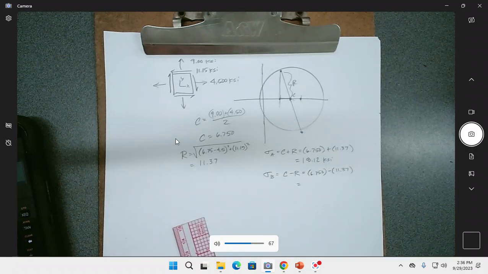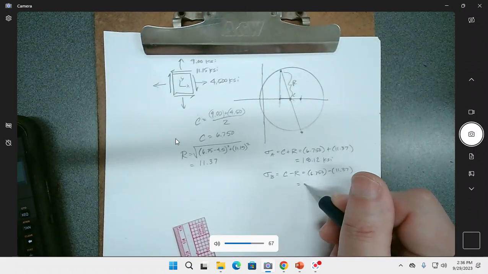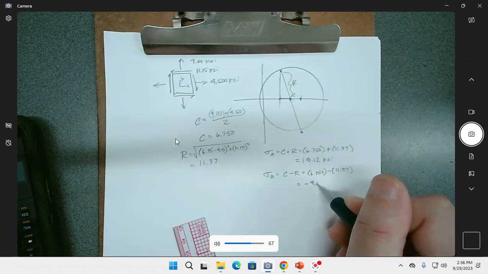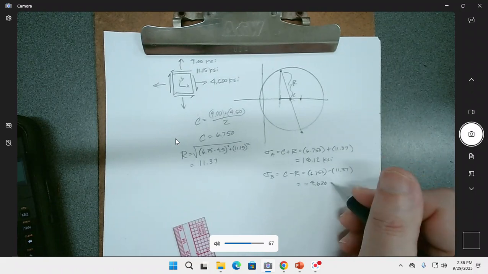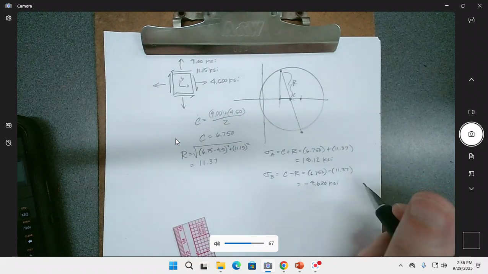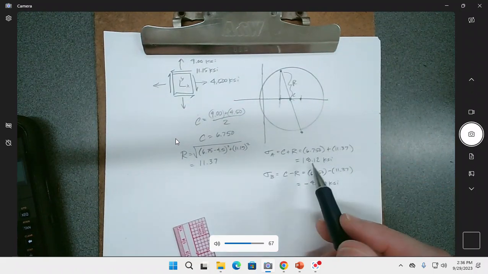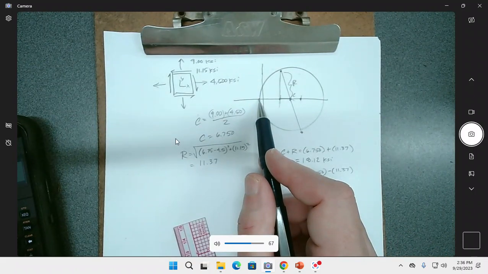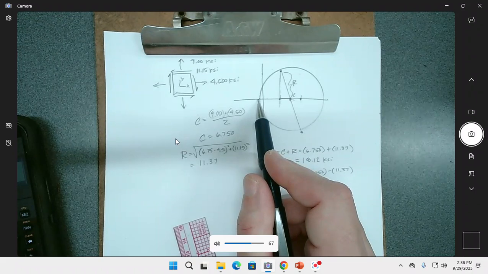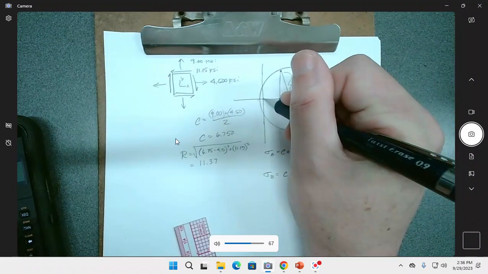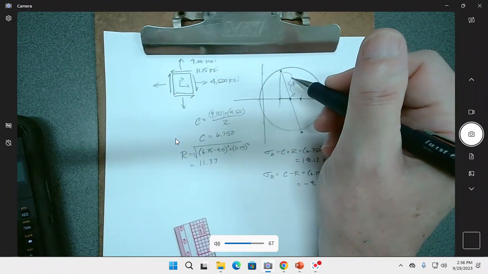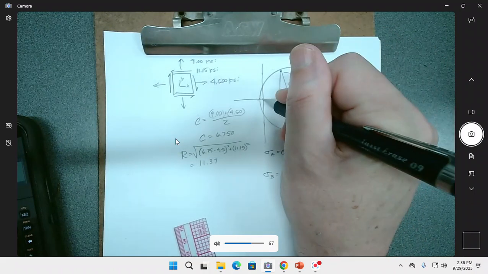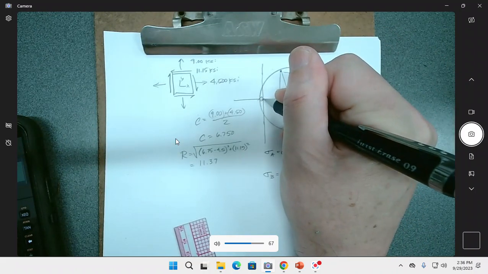Did I get that wrong? Oh, no, I got that right. Okay. So that's going to be a negative 4.62 if I did it right. KSI. So in this circumstance where you're crossing over here, you're going to have the most ridiculous looking other two. You're going to have right there.